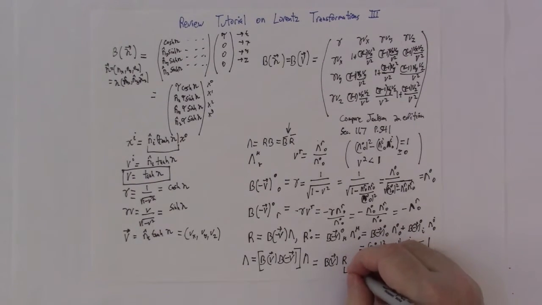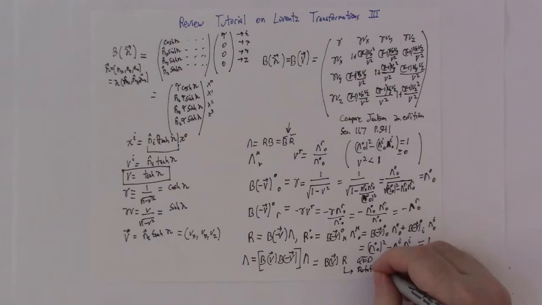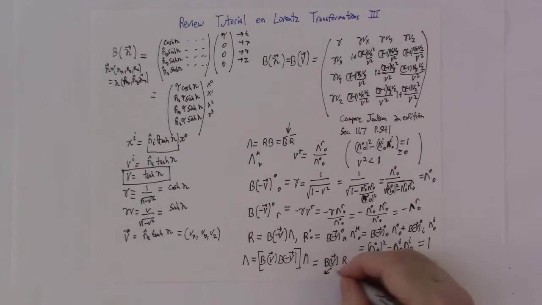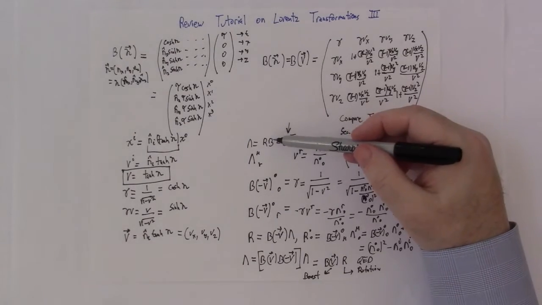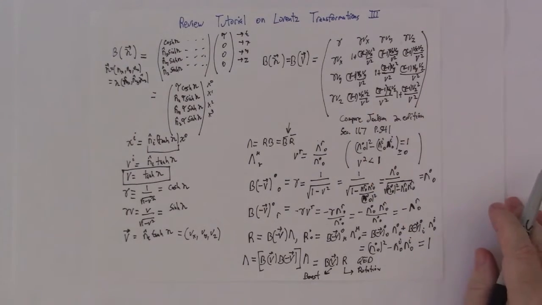Because we know this is a rotation because its 0, 0 element is 1. And we know this is a boost. By definition, we defined B matrices as boost matrices. So we've done the factorization as the B times R. R times B is similar. Showing uniqueness is almost trivial as well.